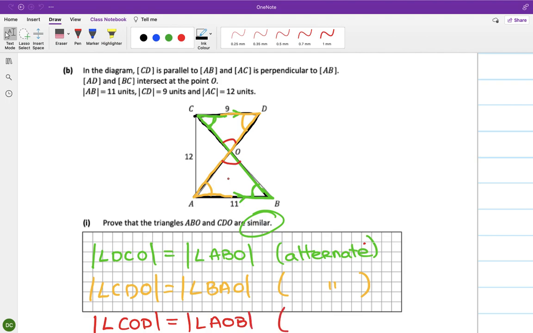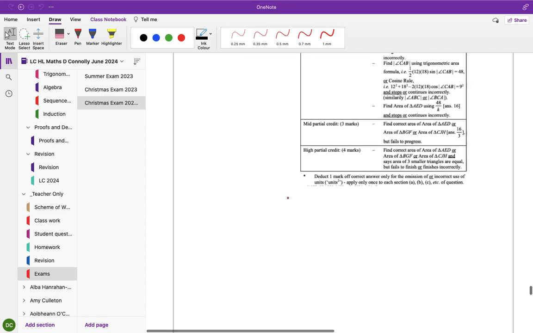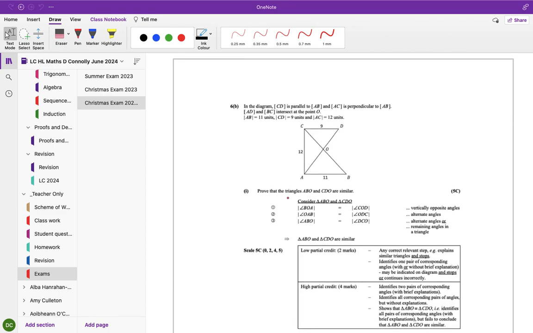And the reason there is that they're vertically opposite. So they're similar because all triangles are the same. It was quite a straightforward proof. 5 marks.